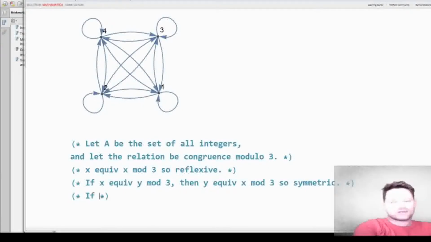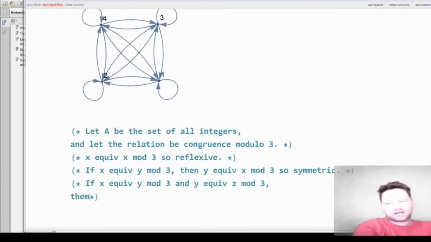So if we have x is equivalent to y mod 3 and y is equivalent to z mod 3, then what we can do is add those. Well, look, we've got to write it in a slightly different way.